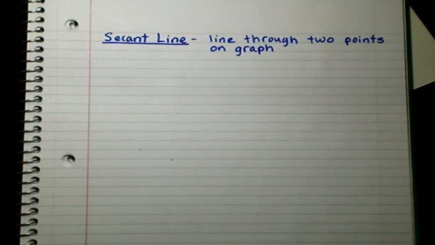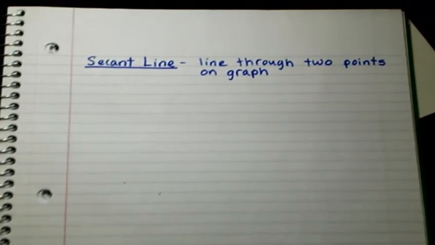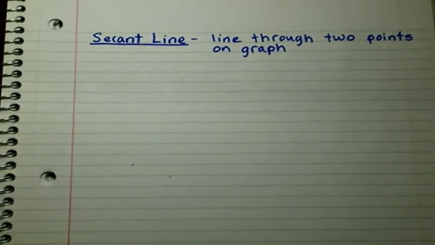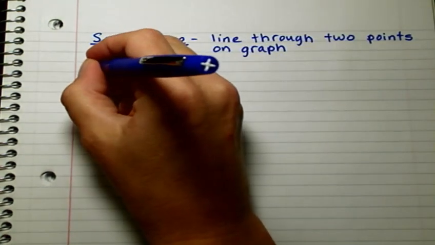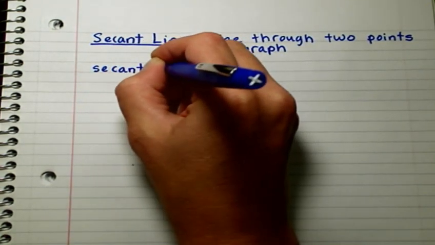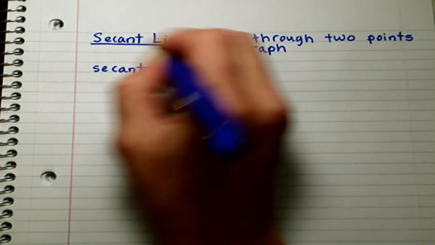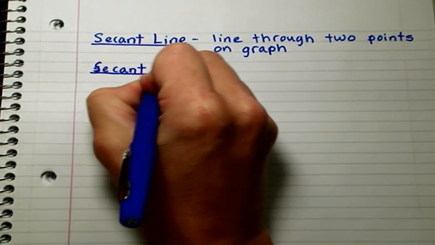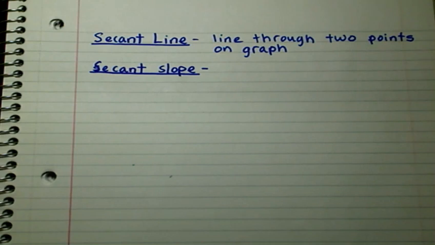Seems pretty reasonable. 2 points on the graph. All right, secant slope. Secant slope: slope of the secant line.